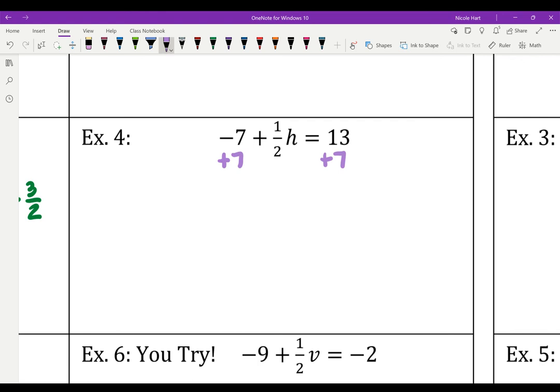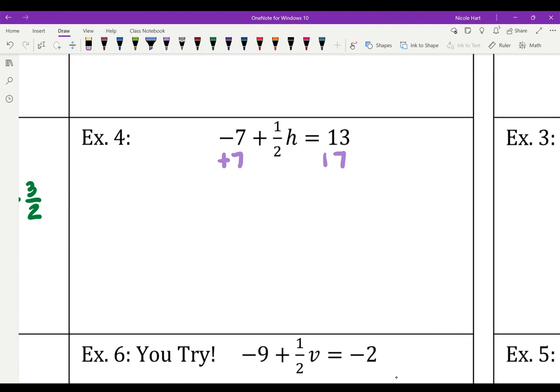When we are doing this cancellation of adding or subtracting, we do not do it to every piece of the equation. We just do it to every side. So I only do it once on the left-hand side and once on the right-hand side of the equal sign. And so we don't do +7 under that h.